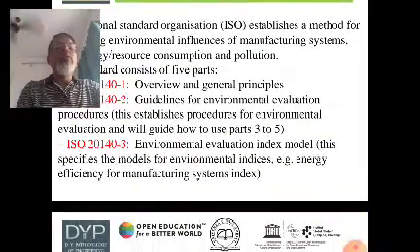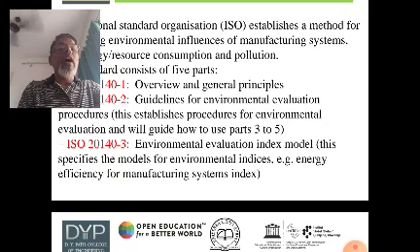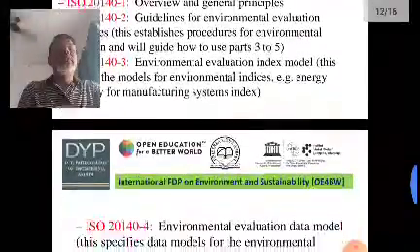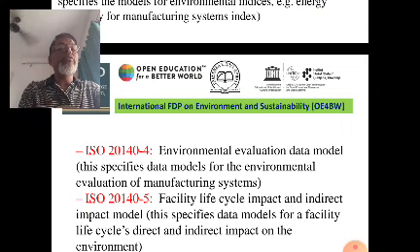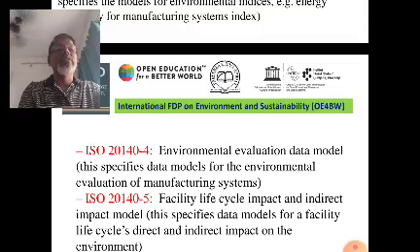So 20140-3 is the environmental evaluation index model. This specifies the model for the environmental indices, for example the energy efficiency for manufacturing system index. The fourth is the environmental evaluation data model. This specifies the data model for environmental evaluation of the manufacturing system.